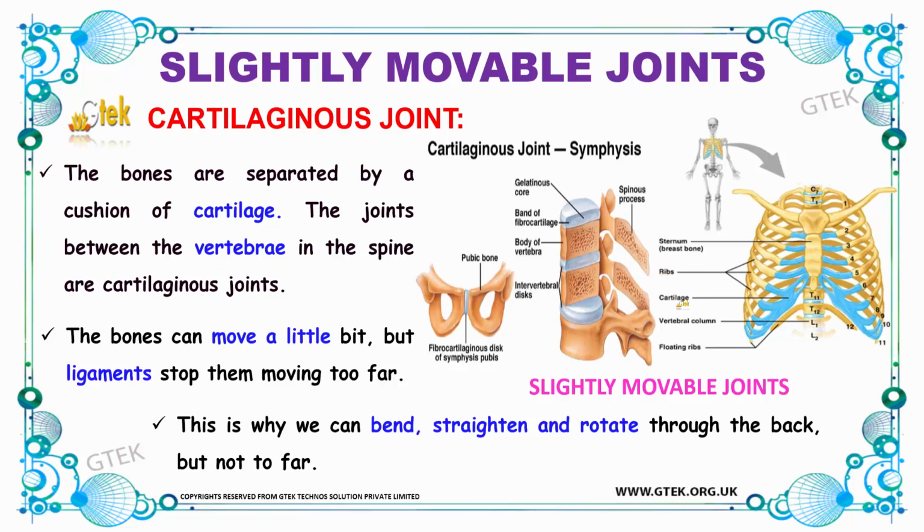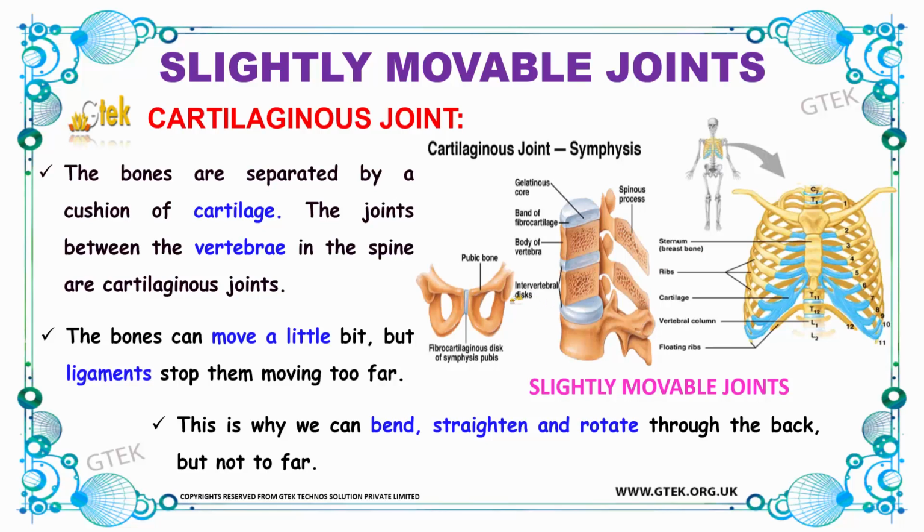Here in slightly movable joints, the bones can move a little bit, but they can't move with a high difference because your ligaments will stop them from moving too far. That is why we can bend, straighten and rotate through the back.